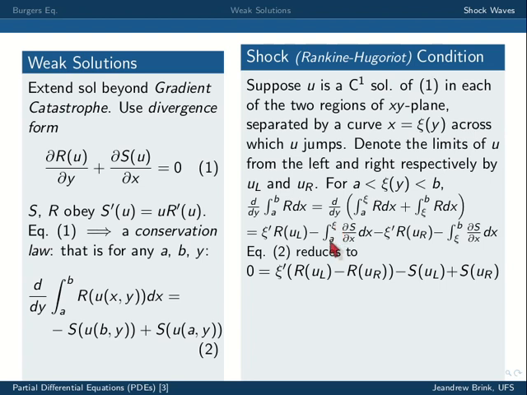But the one evaluated at A is going to fall away with this one. So we're only interested in the thing evaluated at c, and that is simply s of u left if you're coming from the left. So that's where that term comes from. This A boundary cancelled out with that one.